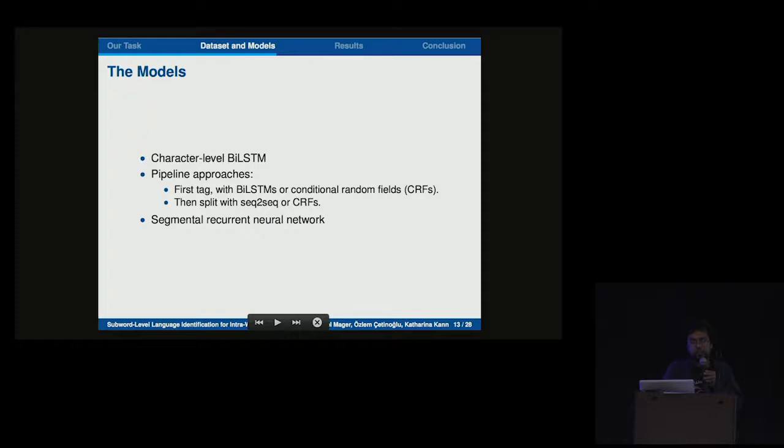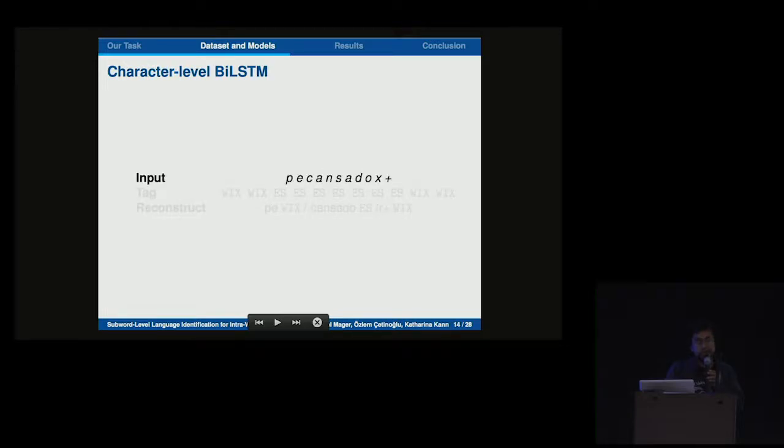We tried out character-level biLSTMs, then some pipeline approaches. We first tag each of the words with a hierarchical biLSTM and conditional random fields, and then given the output of this tagging, we split the word with a sequence-to-sequence model or a CRF. The last approach is a segmental recurrent neural network that can calculate the joint probability of splitting and tagging.